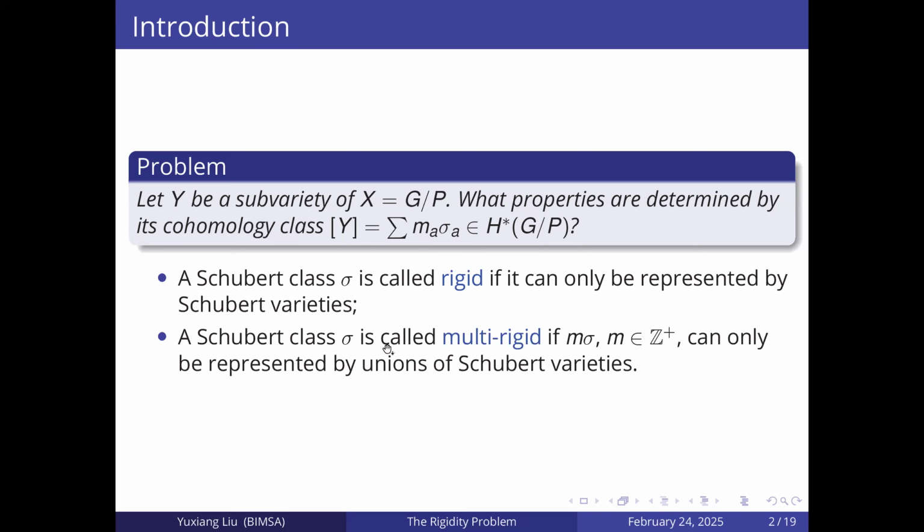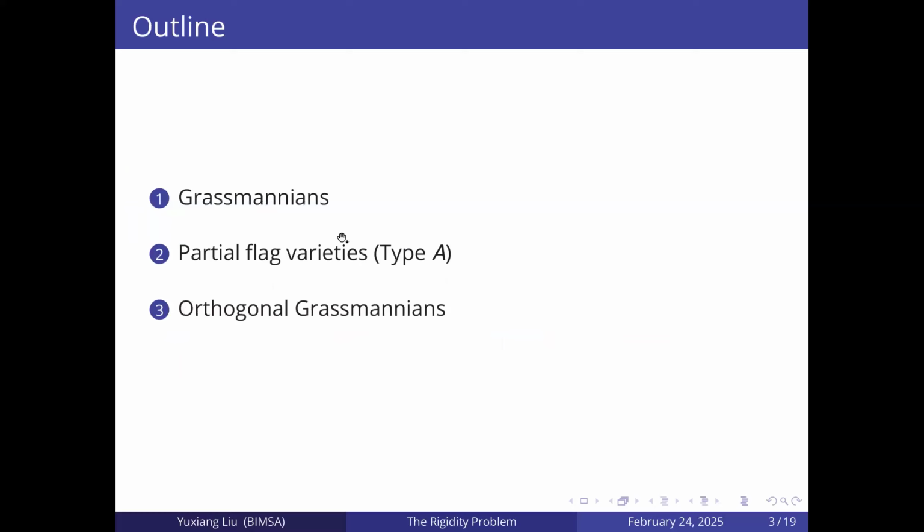And similarly, if the class of Y is a multiple of the Schubert class, then of course one possibility is that Y is a union of Schubert varieties. If it's the only possibility, then we call it multi-rigid. During this talk, I will discuss this problem in three settings. First, the Grassmannians of type A, the simplest case.